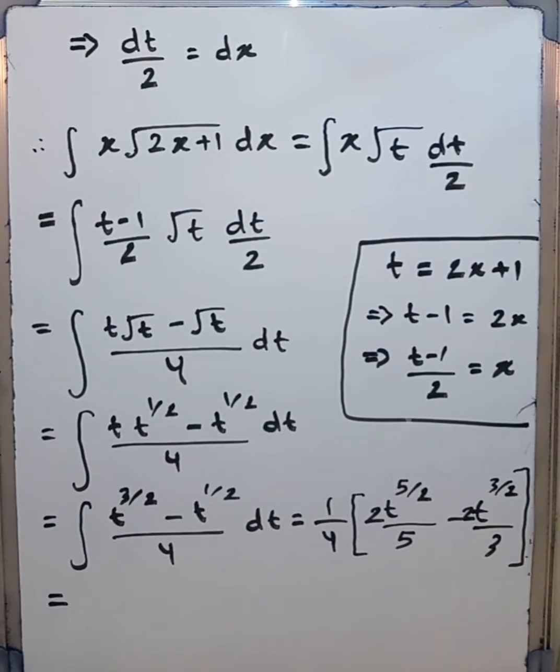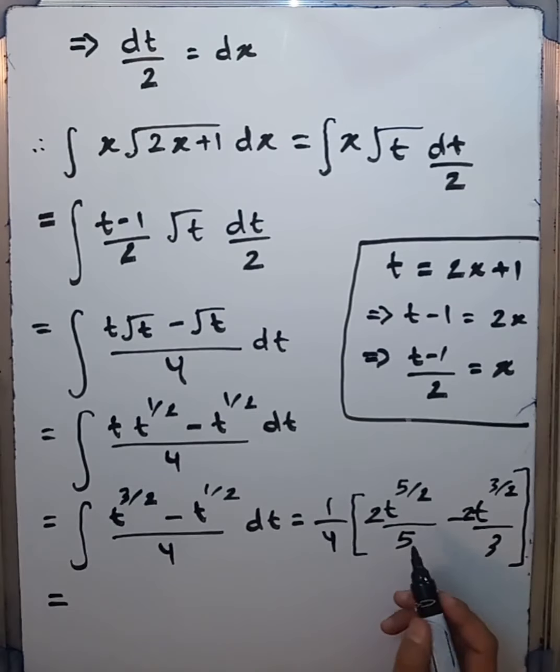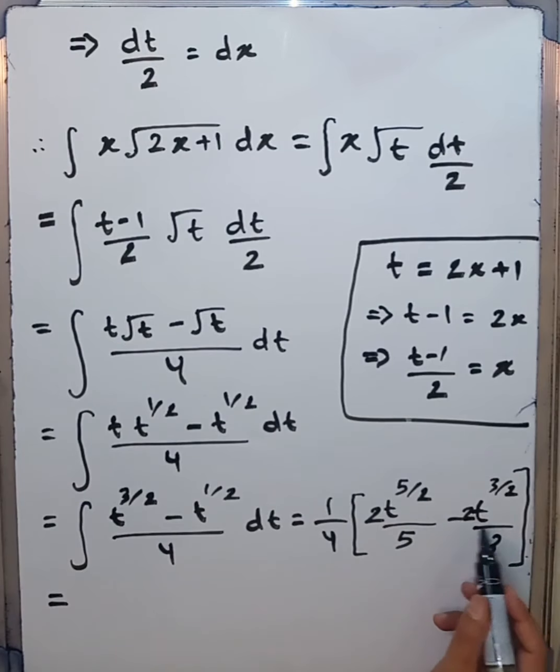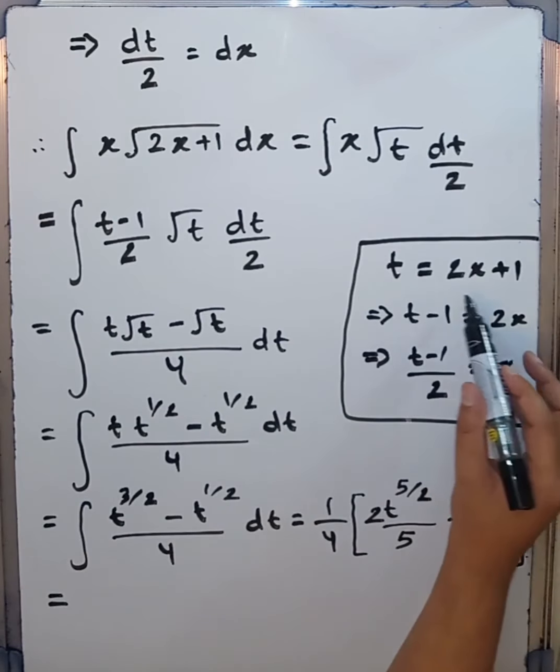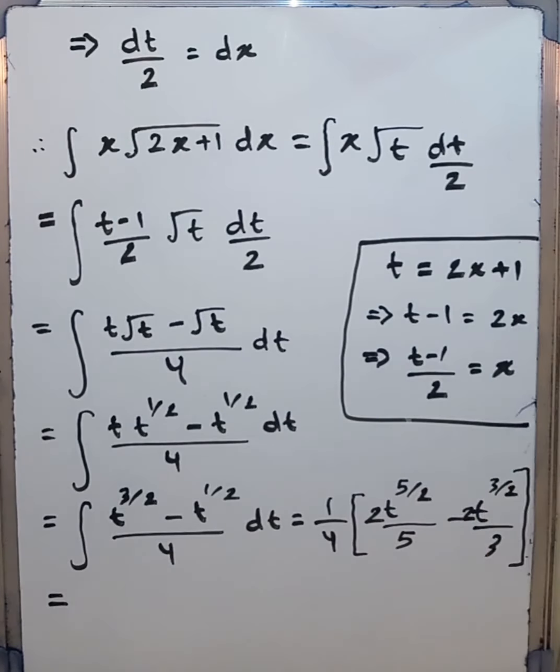And now we can put back the value of t, that is t is equal to 2x plus 1. So that will give us 2 t power 5 by 2, that is 2x plus 1 power 5 by 2 divided by 4 multiplied by 5, that will be 20.